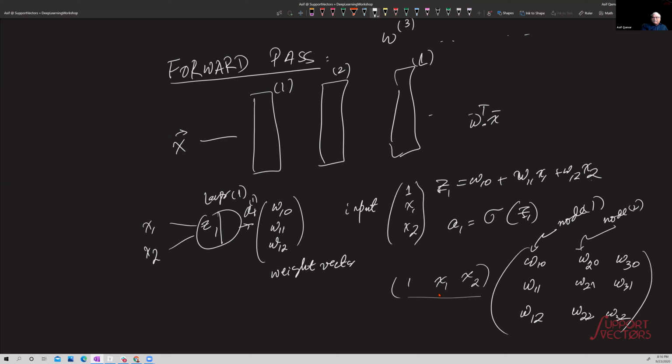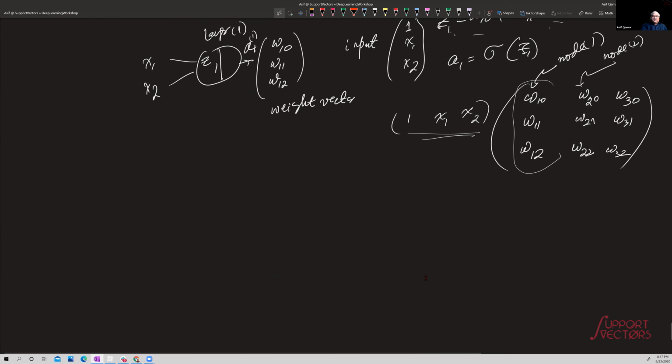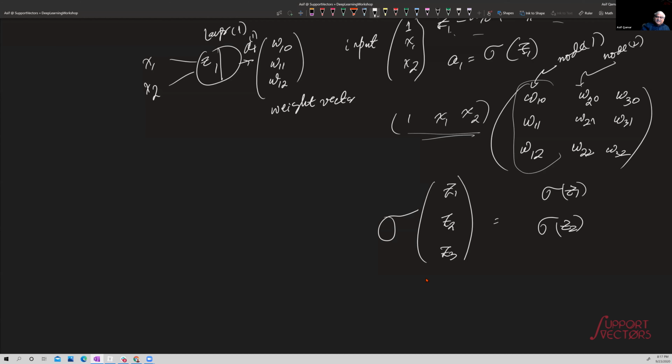You realize that I can find the output of each of these by doing it together. And when I do it, what I expect to get as a result is Z1, Z2, Z3, isn't it, guys? And Z1, Z2, Z3 is the output. Then you apply the sigmoid to that, and you'll get sigmoid of Z1, sigmoid of Z2, sigmoid of Z3, right? So this is your A1, A2, A3 in the first layer.